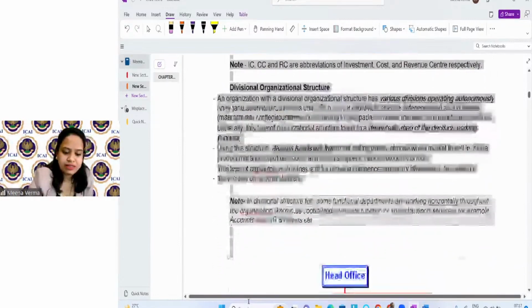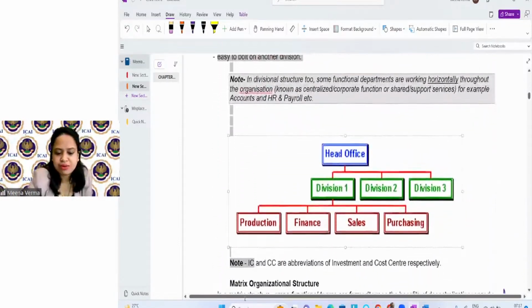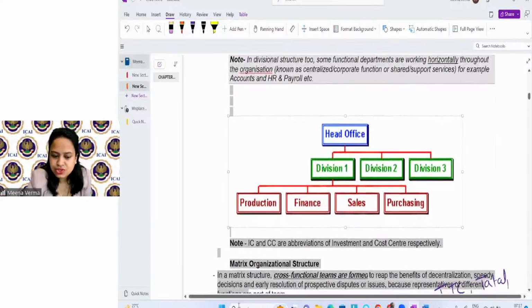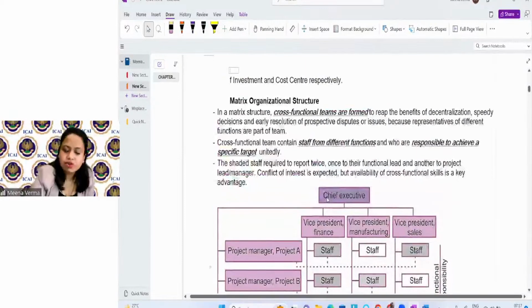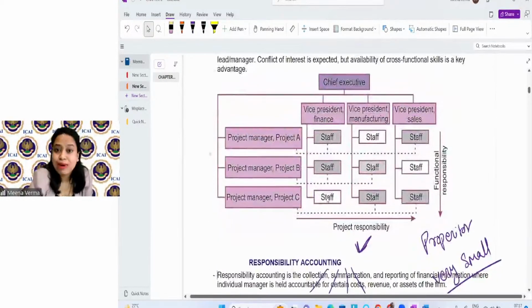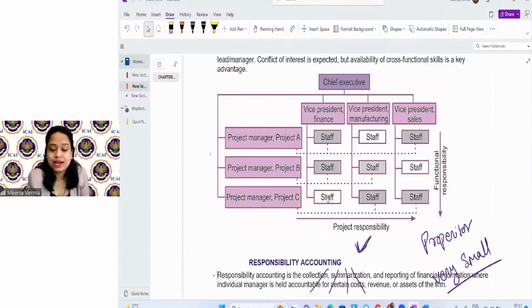Okay. And then divisional organizational structure can be of this form. Different divisions, and each of the divisions will have different functional areas. These are not very effective, but if you talk about matrix organization, this is the best way for very big organizations like ITC, Tata, Reliance, for a reason.